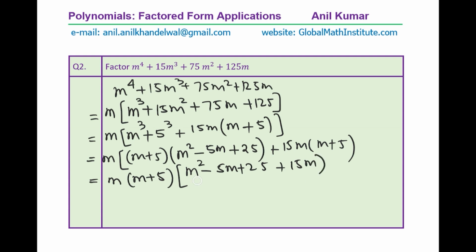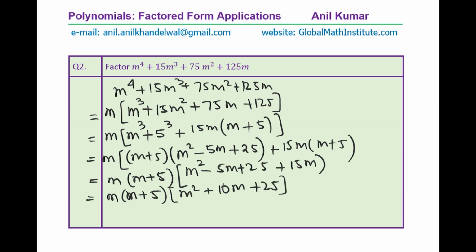Perfect. We can combine these terms and see what we get. So we have m times m plus 5, and here we get m squared minus 5m plus 15m gives us plus 10m, and we have 25.